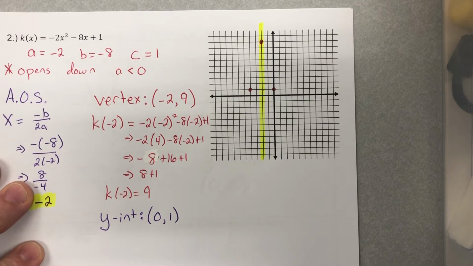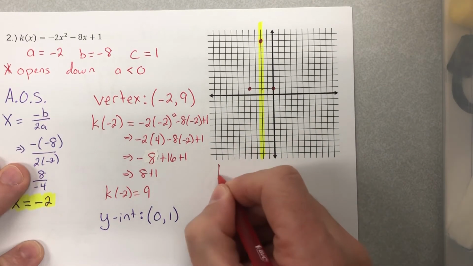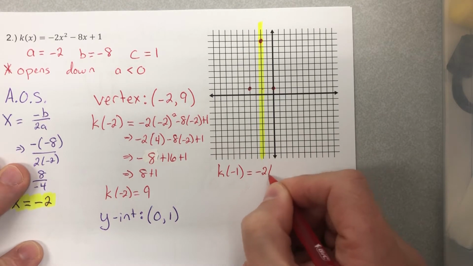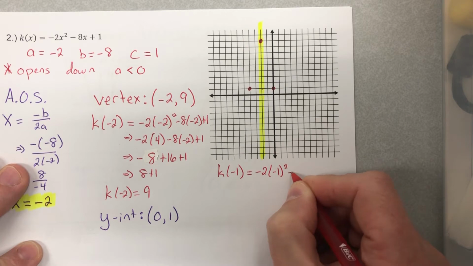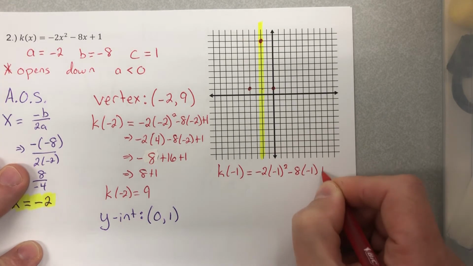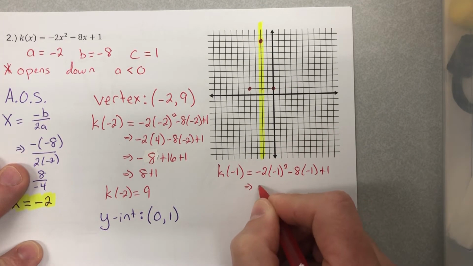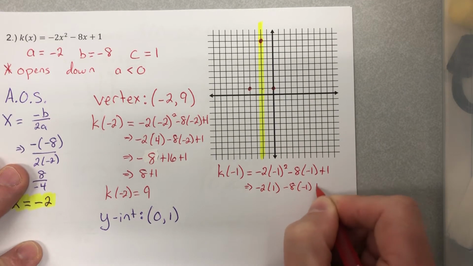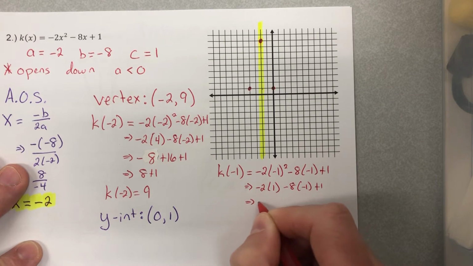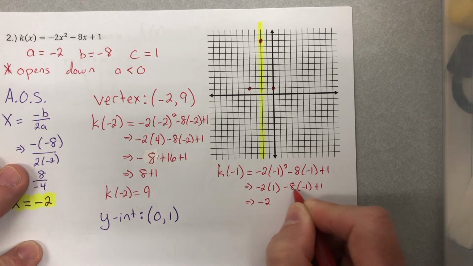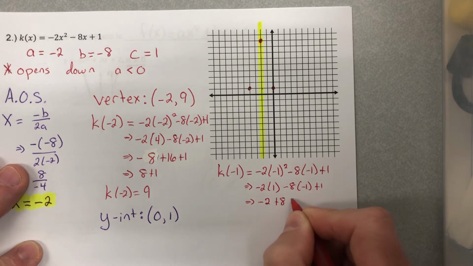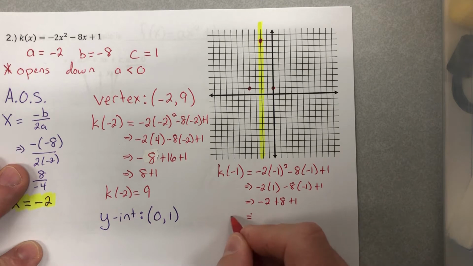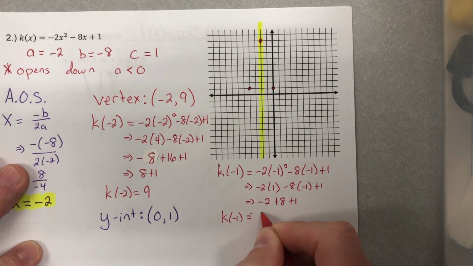We need one more point to the right of our axis of symmetry, so I'm going to plug in -1. -1 squared is 1. -2 times 1 is -2. -8 times -1 is +8 plus 1. So this point here will be 7.